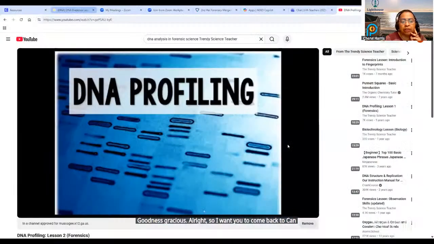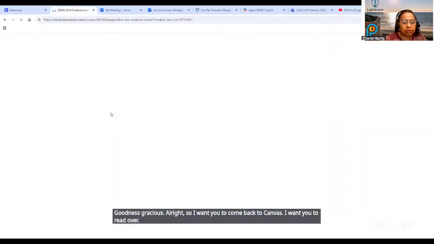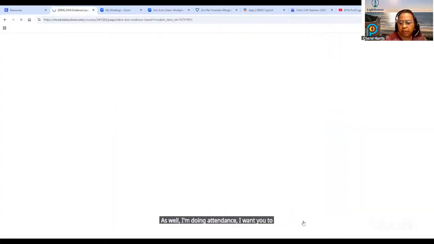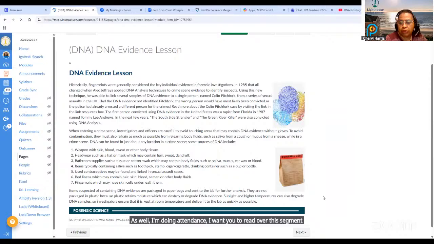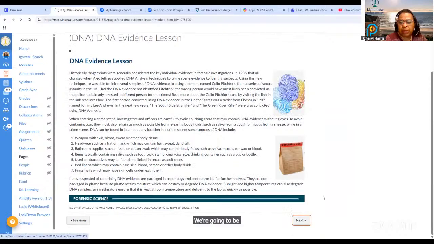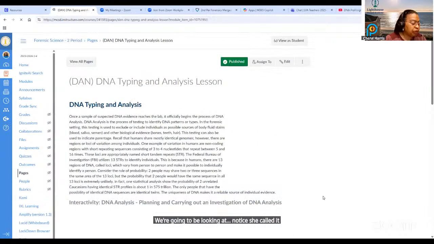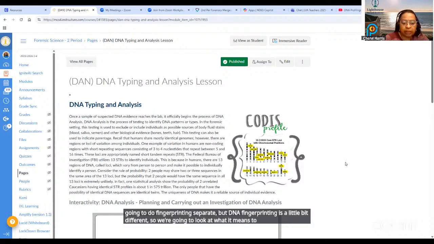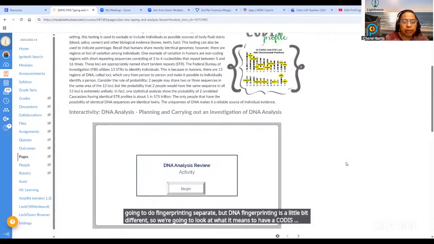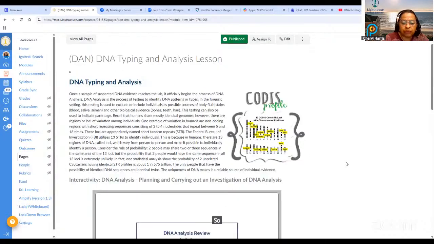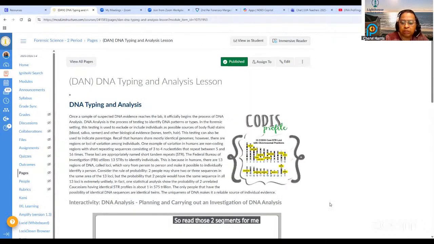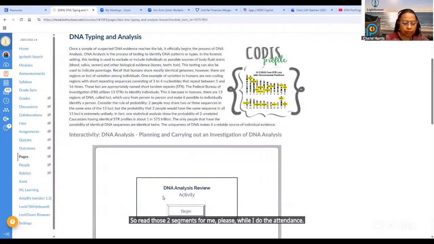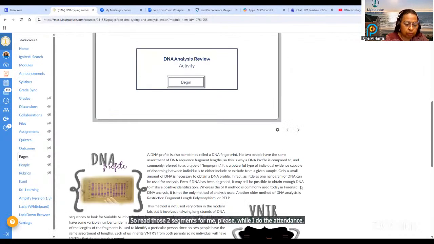I want you to read over this segment, and we're going to be looking at, notice she called it fingerprinting. We're going to do fingerprinting separate, but DNA fingerprinting is a little bit different. So we're going to look at what it means to have a CODIS profile. So read those two segments for me, please, while I do the attendance.